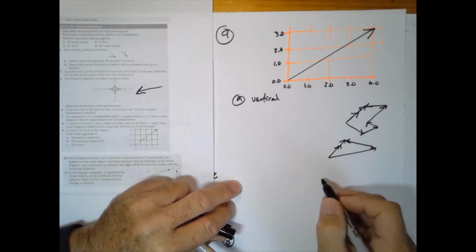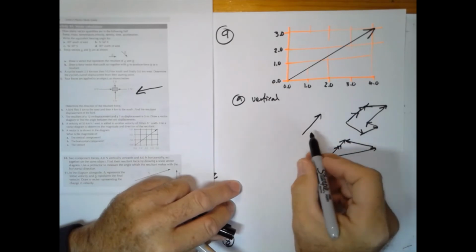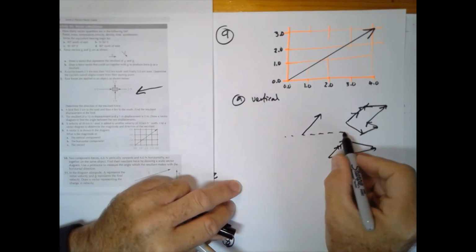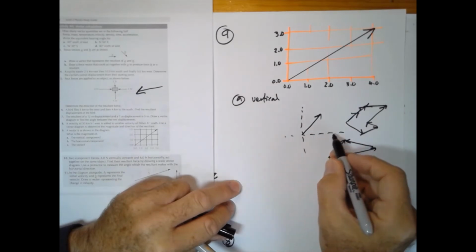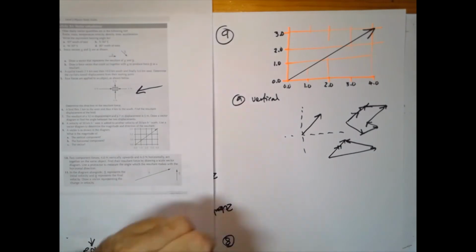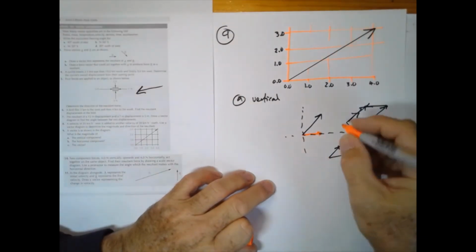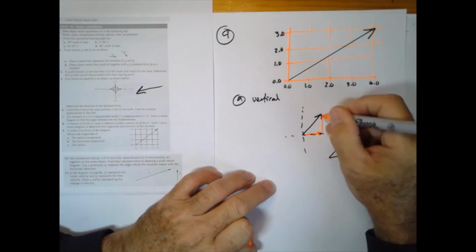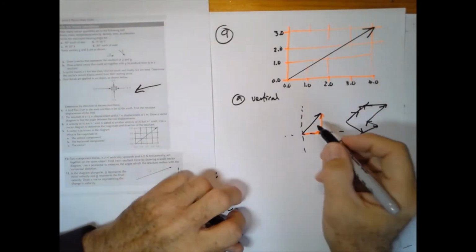In particular, when we're looking at a particular vector, we want to look at the two vectors which make it up, one of them being horizontal and one being vertical. So we will say this horizontal vector plus this vertical vector is equal to this resultant vector.